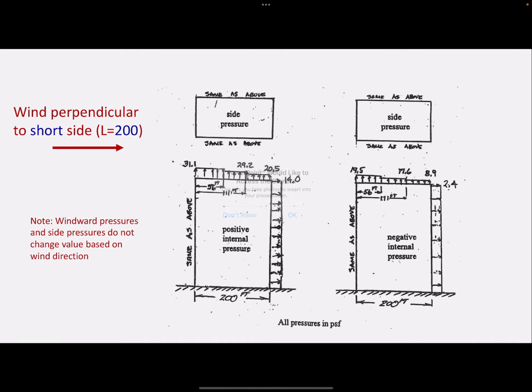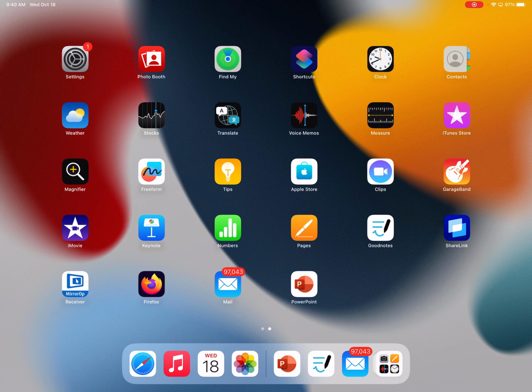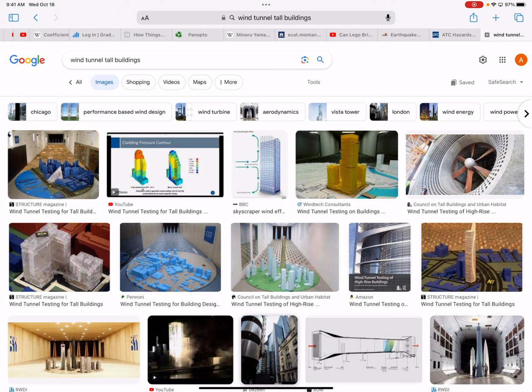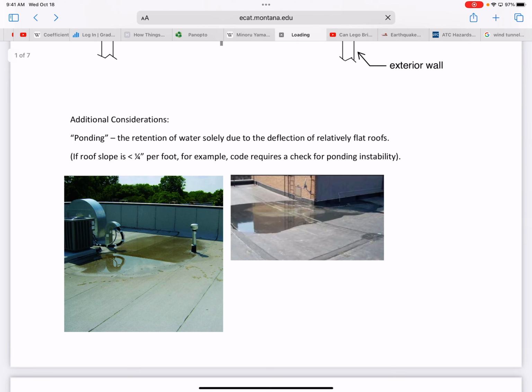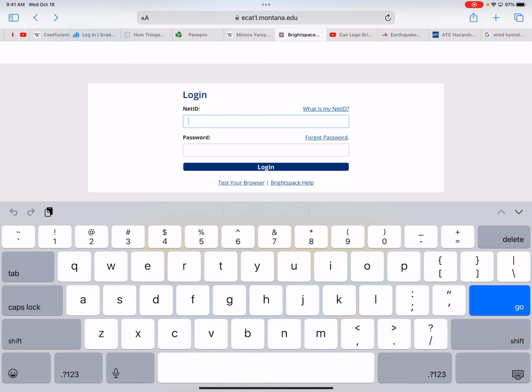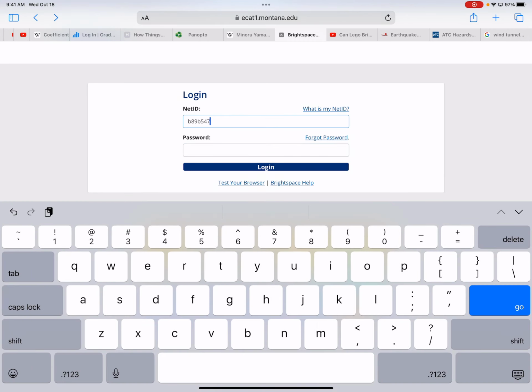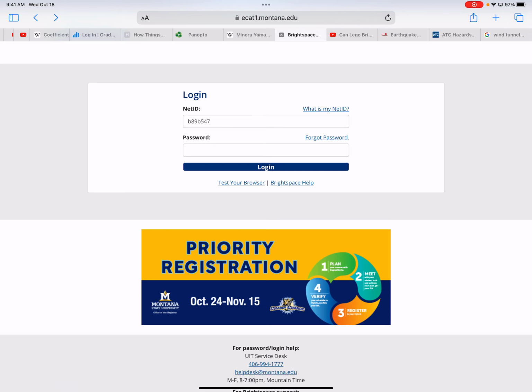So the good news is you won't have to actually go through the process of doing a problem like this and calculating all these pressures. So in your homework, I'm going to try and pull this up here. I'm going to show you some fun things in a moment too, but I want to get the homework discussion in here.